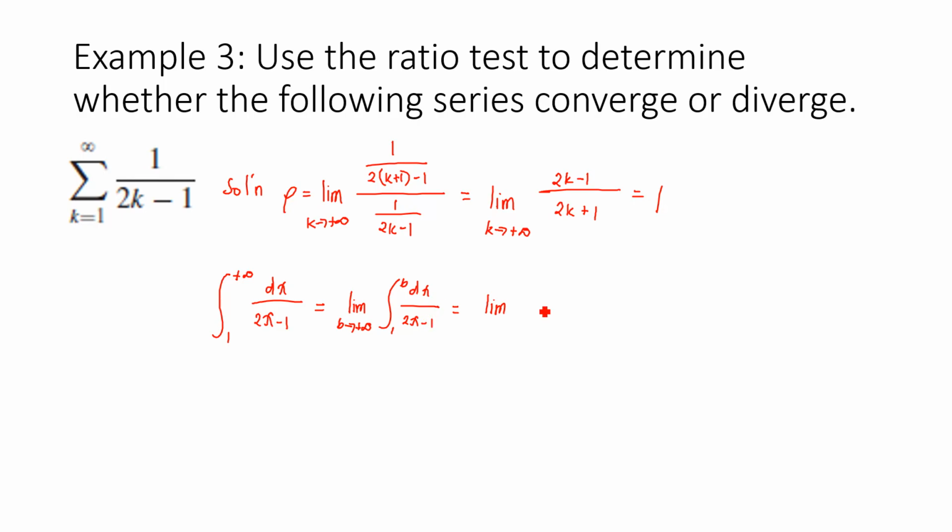So here you have the limit of 1/2 times the natural logarithm of 2x minus 1, from 1 to b, as b approaches positive infinity.